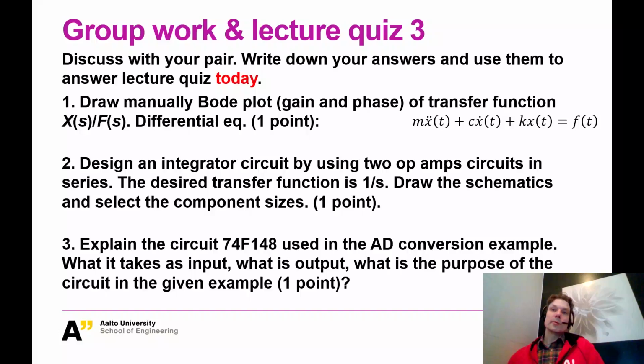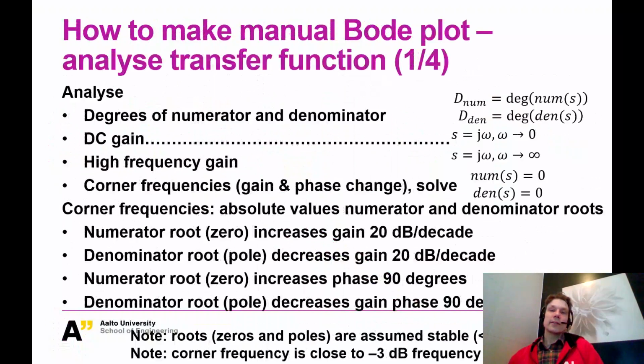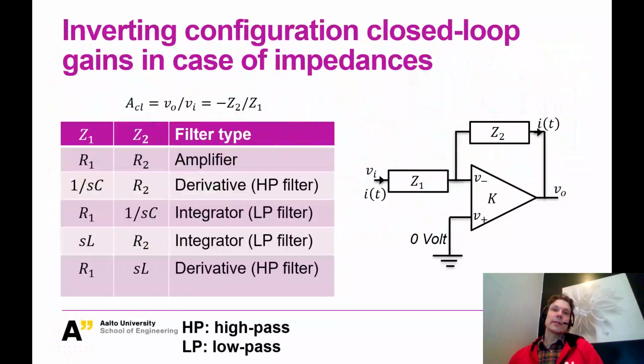I recommend you revisit the table I had earlier over here and look at this table. So basically our closed loop gain is minus Z2 over Z1. And now we require this to be 1 over s. How would you do it?